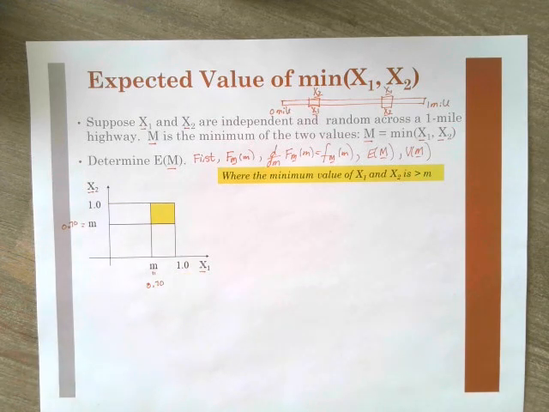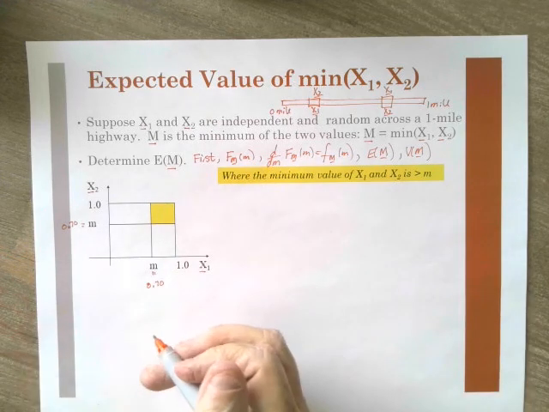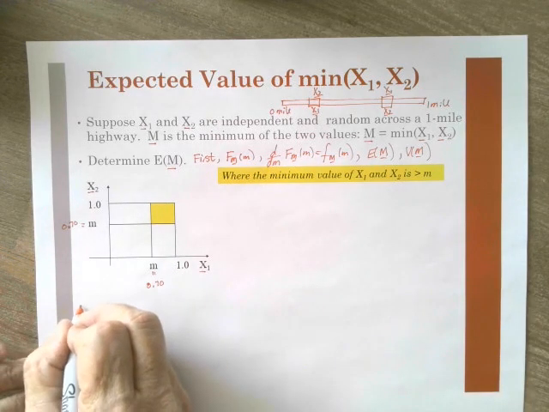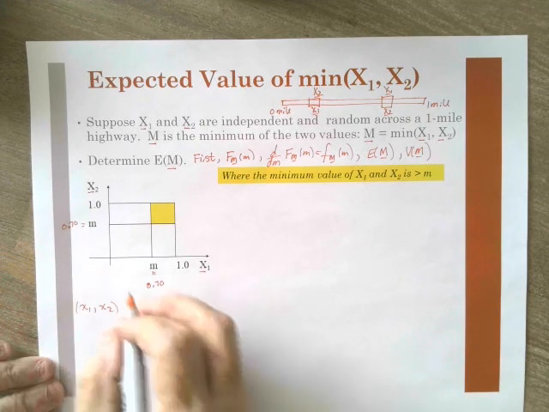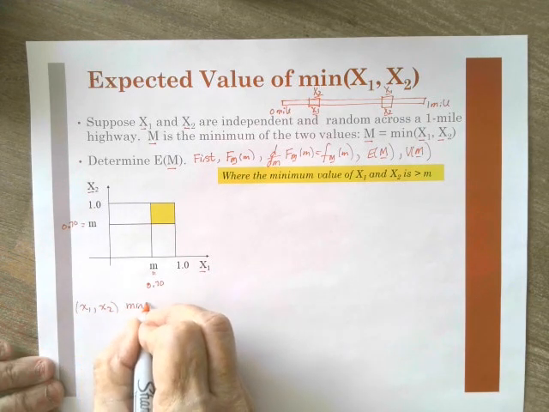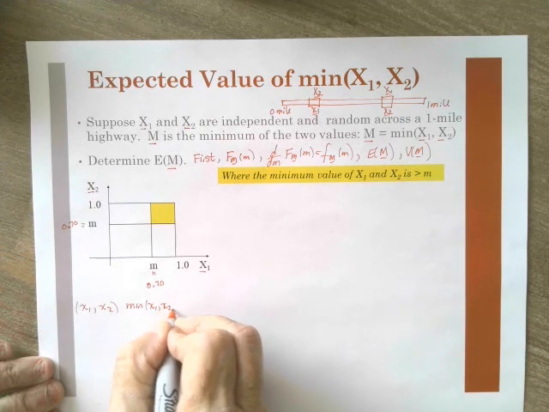And then I want to make a little bit of a table, because I want to use geometric probability here to determine my CDF. So let's pick some random points, x1, x2, and whatever the minimum of x1 and x2 is.